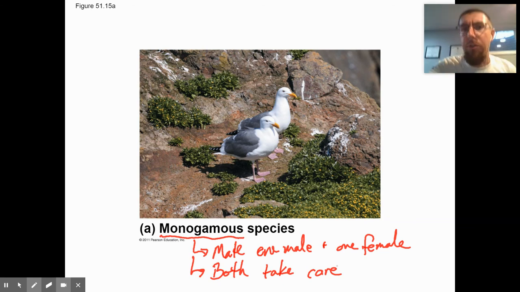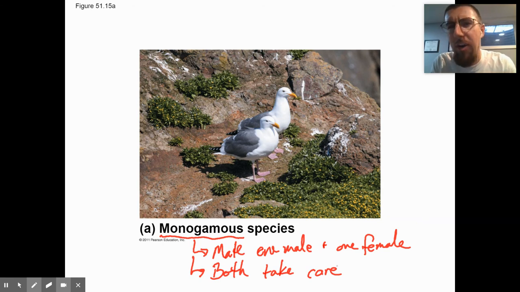Why is this important, right? Well, in certain species, taking care of offspring can require a lot of effort. That can come down to the bringing of continuous supplies of food, the defending of a certain territory, just the finding of resources in general.